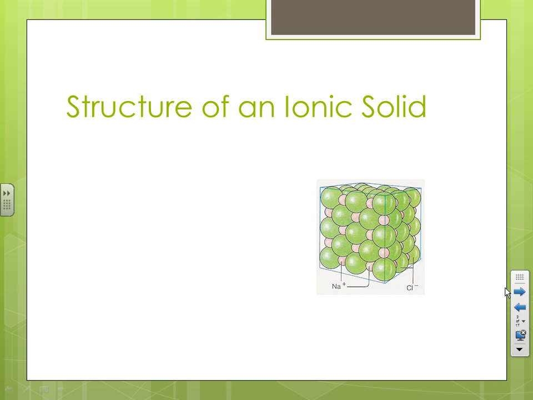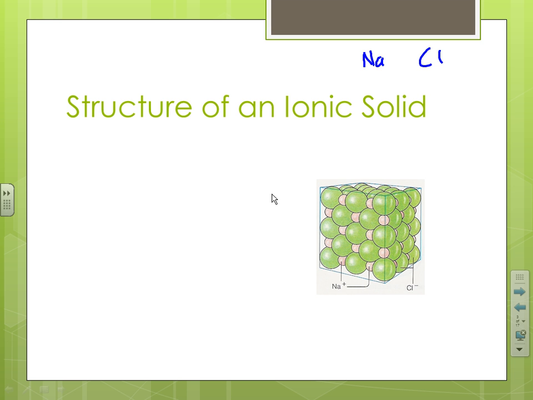All right. Structure of an ionic solid. First, if it's an ionic solid, it's going to be held together by ionic bonds. So let's take one that you're pretty familiar with, sodium chloride. Knowing what you know about naming elements and getting formulas, if you have something that's sodium chloride, that means it has sodium in it, and that means it has chlorine in it.